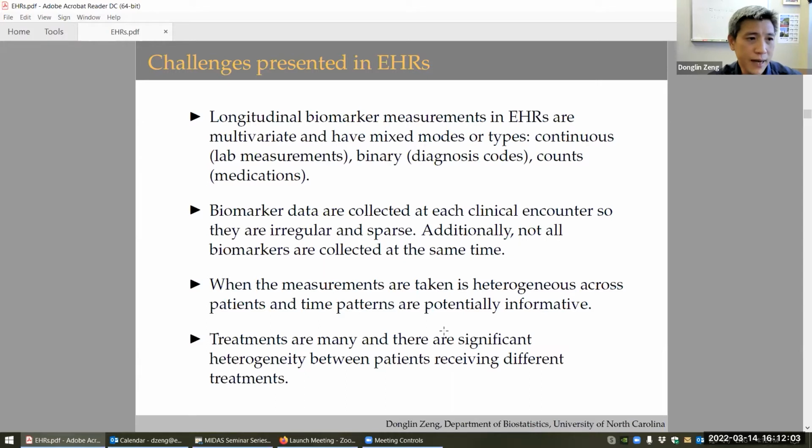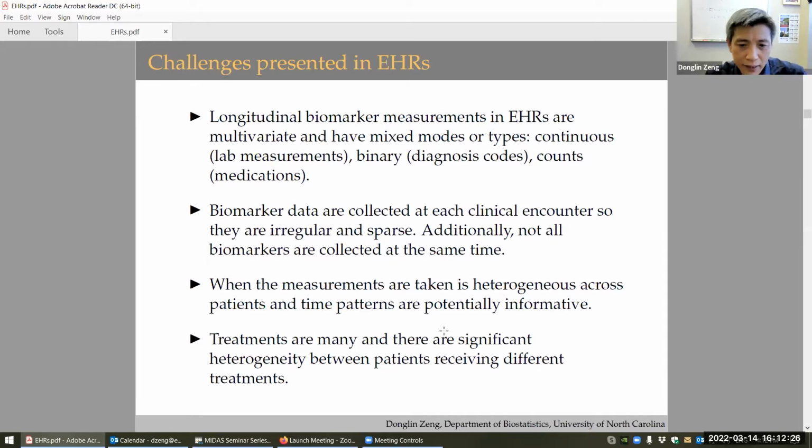They are mixed types. Some lab measurements are continuous, like blood pressure, but some diagnostic codes can be binary, like whether they prescribe this or not. And medication can be count data. So it can be continuous, binary, or count data.